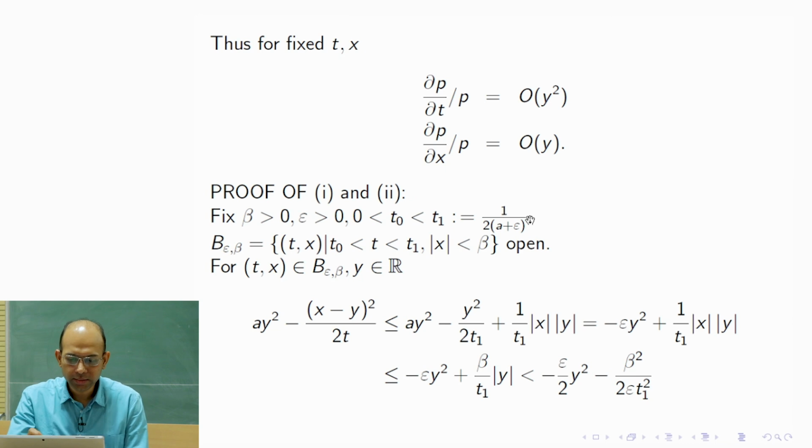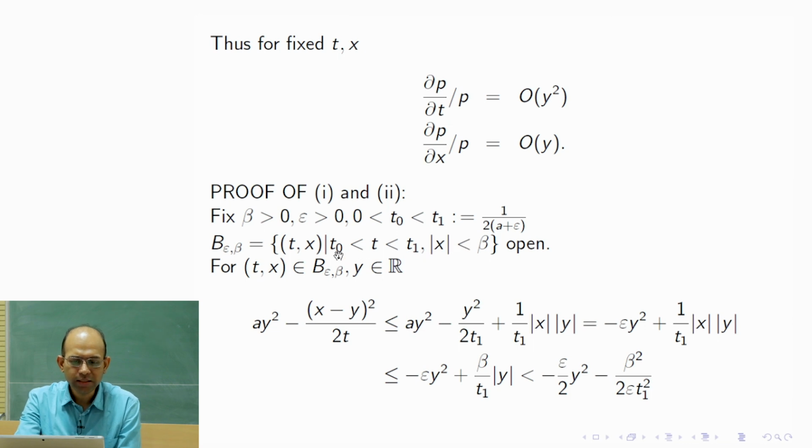And we consider a strip, because mod of x is less than beta and t is in the open interval T naught to T1. On the time axis it is between t0 and t1, and on the space axis x it is between minus beta and plus beta. It is basically an open rectangle. I should not say strip, it is just an open rectangle.